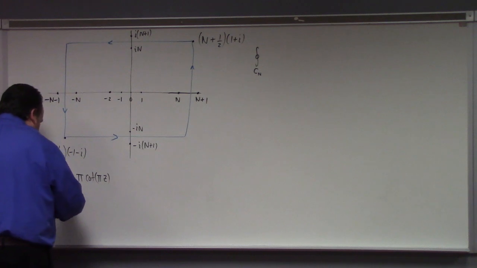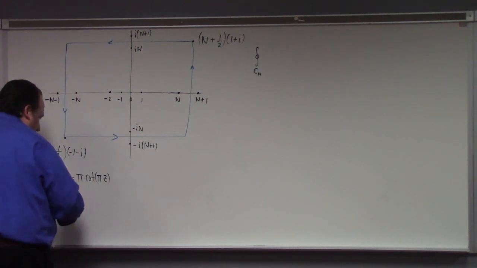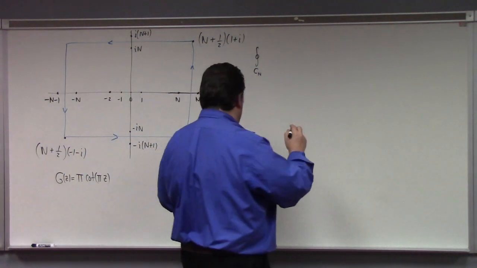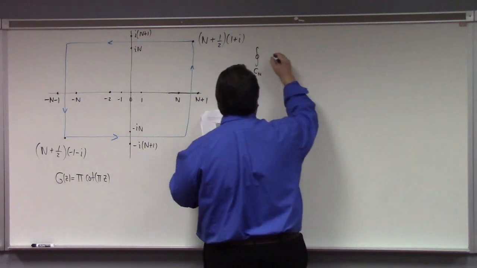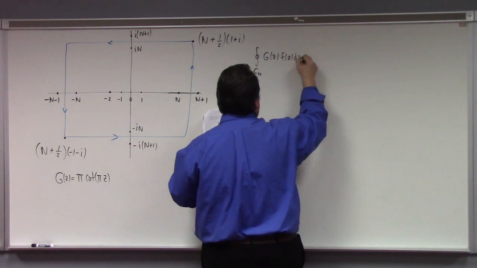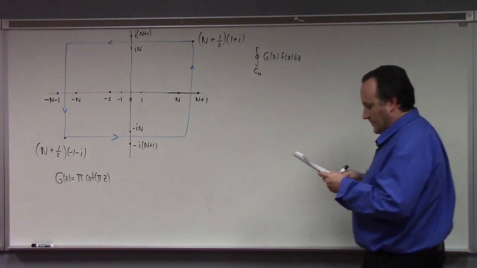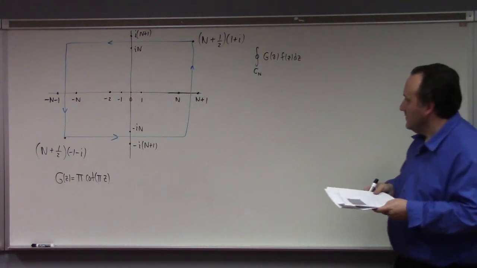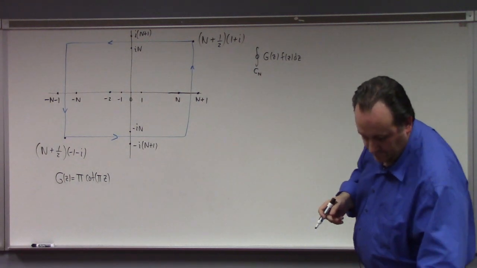Let's call that big G. All right, big G of z is pi cotangent pi z. So suppose we integrate G of z, f of z dz along that curve. So then what's the story there?